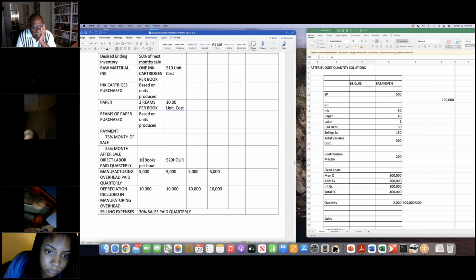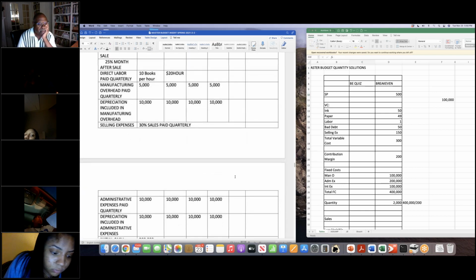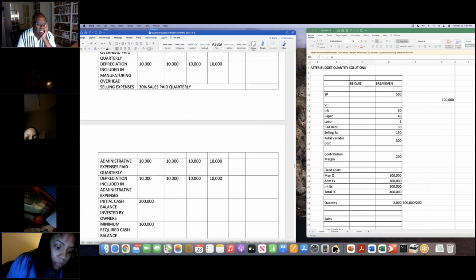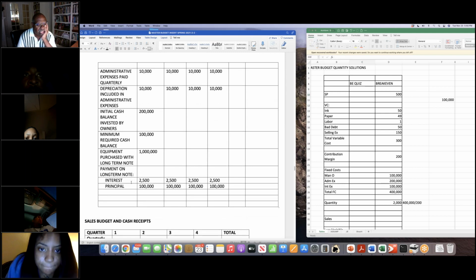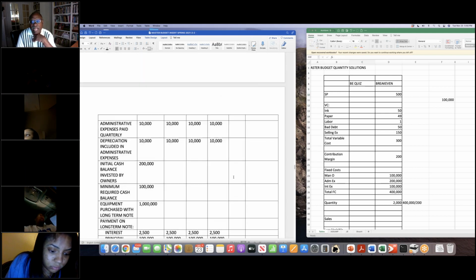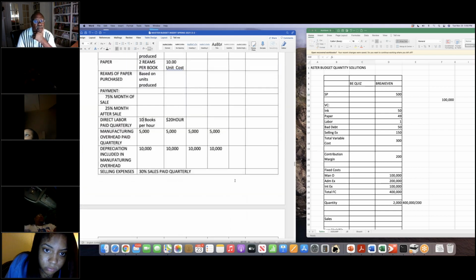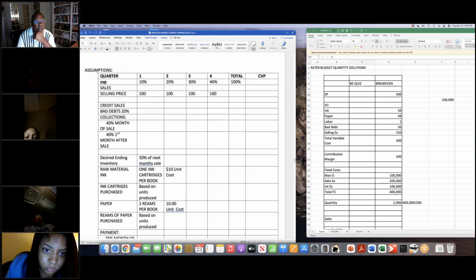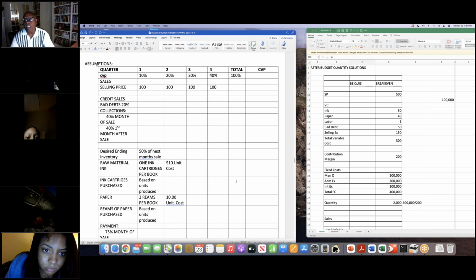Manufacturing overhead, $5 a quarter. Administrative expenses, $10 a quarter. Interest, $2,500 a quarter. Does everybody have the relevant information? Are you missing any information?